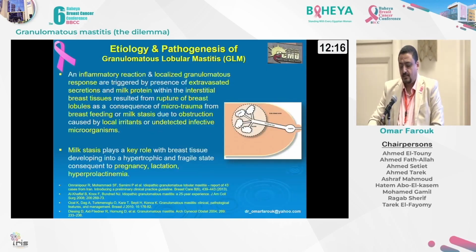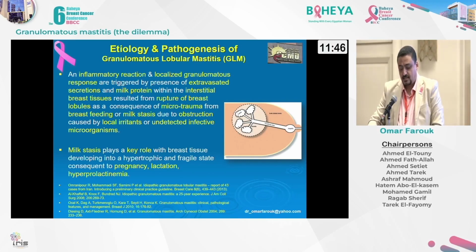The etiology and pathogenesis of this disease: it is an inflammatory reaction and localized granulomatous response triggered by presence of extravasated secretion and milk proteins within the interstitial breast tissues resulting from rupture of the breast lobules as a consequence of microtrauma from breastfeeding or milk stasis due to obstruction caused by maybe local irritants or undetected infective microorganisms.